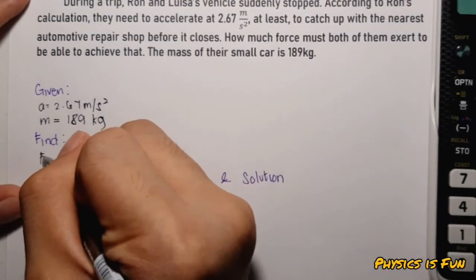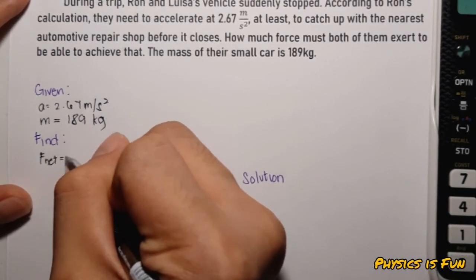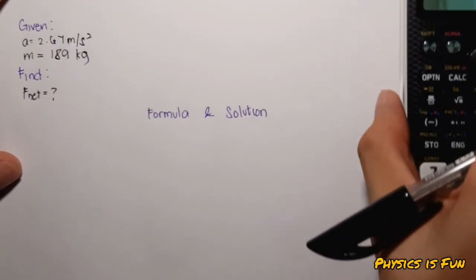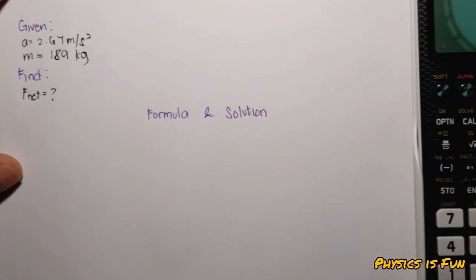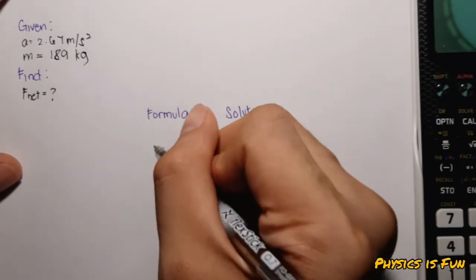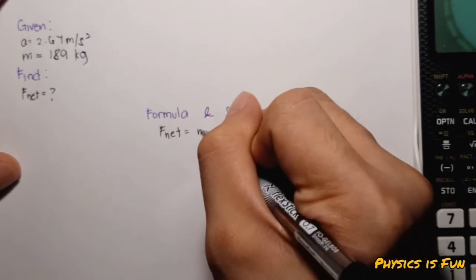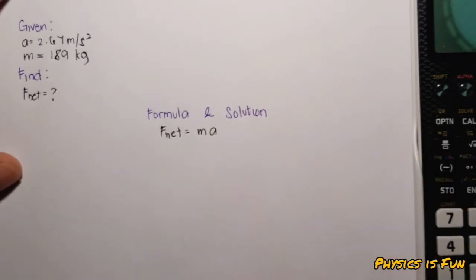So we need net force. Let's now proceed to the formula and solution. In this kind of problem, specifically in Newton's second law, our formula will be net force is equal to mass times acceleration.